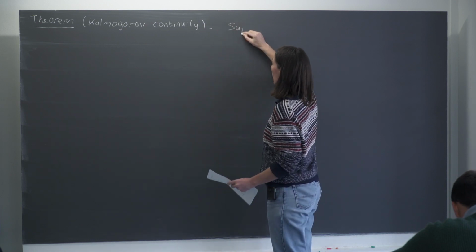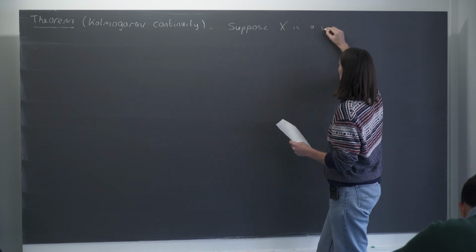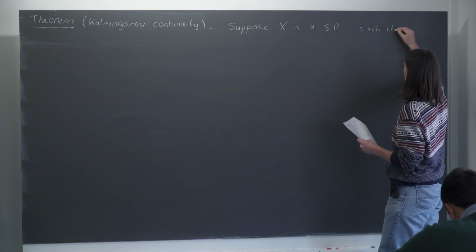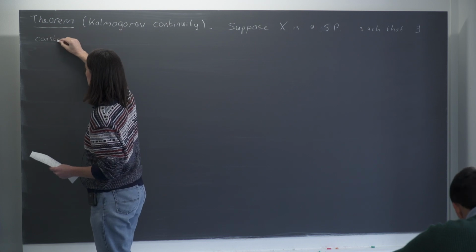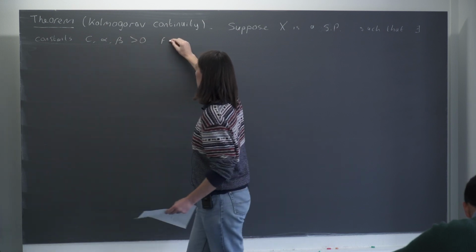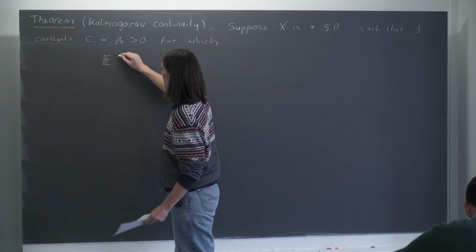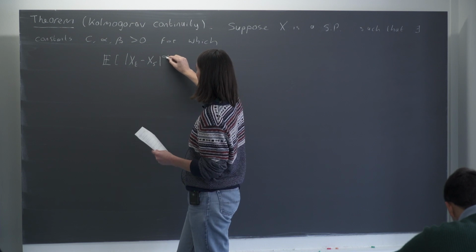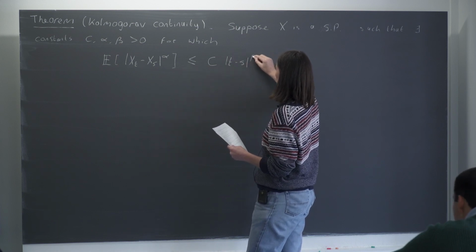Okay, so suppose that X is any stochastic process such that there exist constants c, alpha, and beta, all strictly positive, for which the expected value of |X_t - X_s| to the power of alpha is less than or equal to c times |t - s| to the beta.